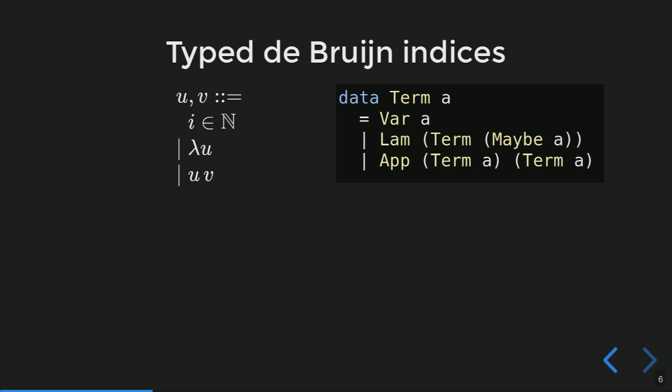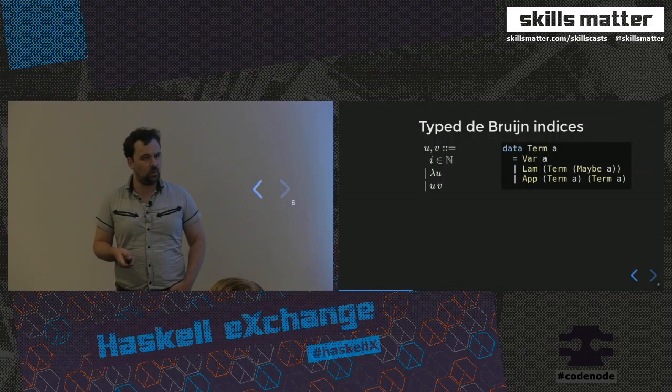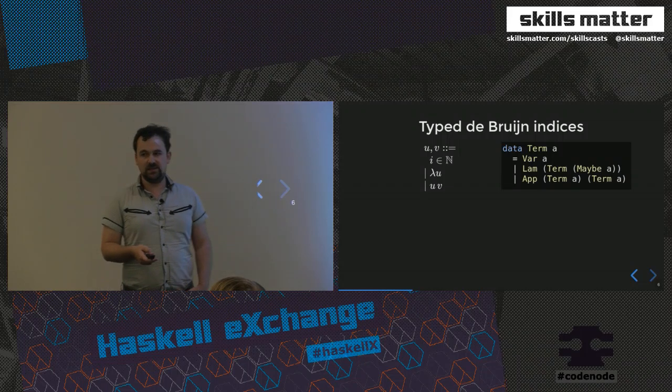So you say a variable is a member of the set of variables allowed. Makes sense. Application just takes two terms, makes a term, and the lambda binder says, oh, now I need one extra variable. How to add an element to a type? Well, Maybe does that quite precisely.